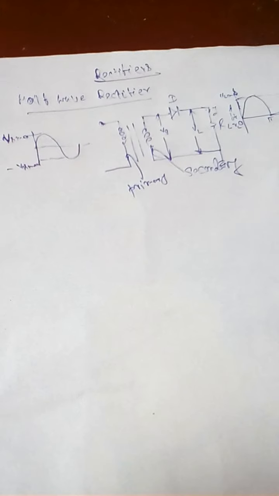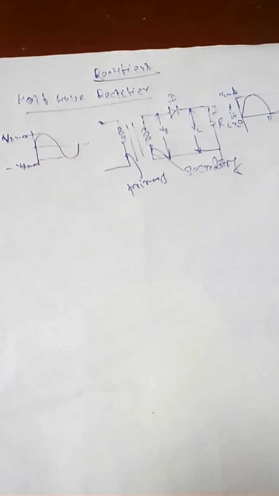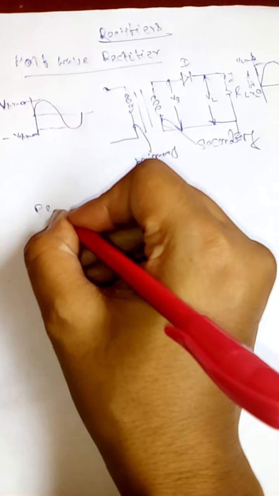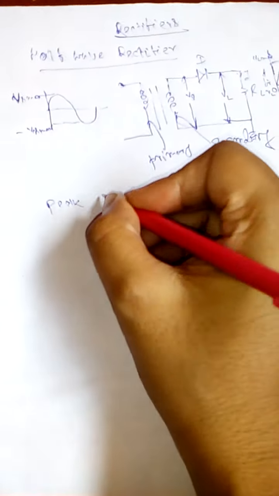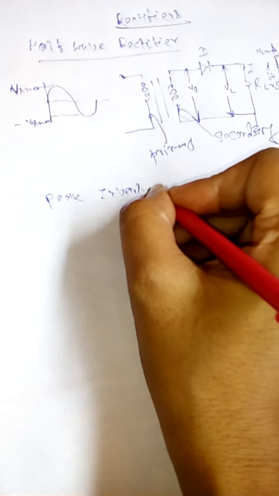If we calculate the output voltage drop across the RL, VL, across the positive half cycle, we get the output in the following way. First of all, the peak inverse voltage. What is the value of peak inverse voltage?